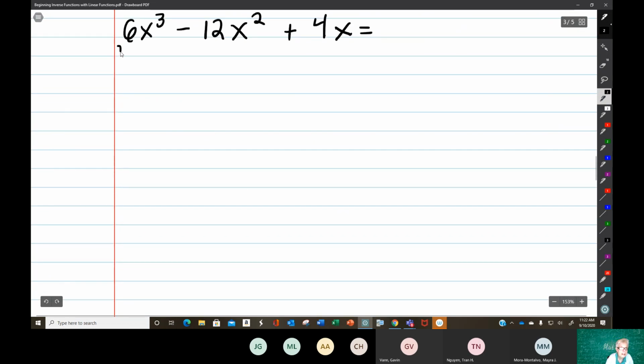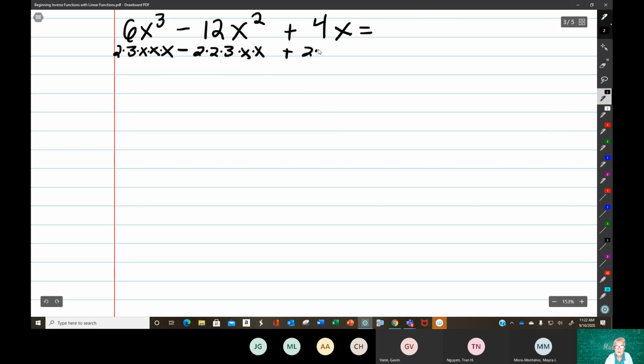This is going to be 2 times 3 times x times x times x minus 2 times, well, 2 times 3 is 6 times 2 is 12, so 2 times 2 times 3 times x times x. You can certainly use a calculator to help you break things down.